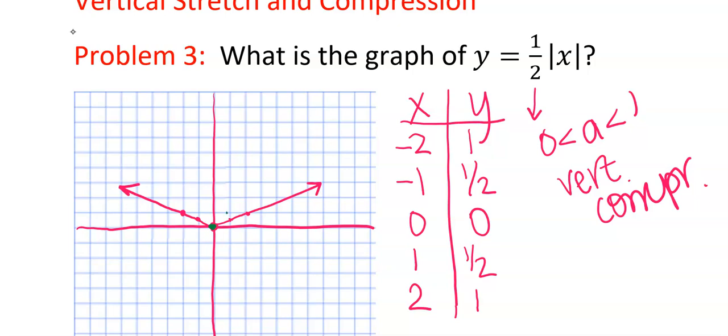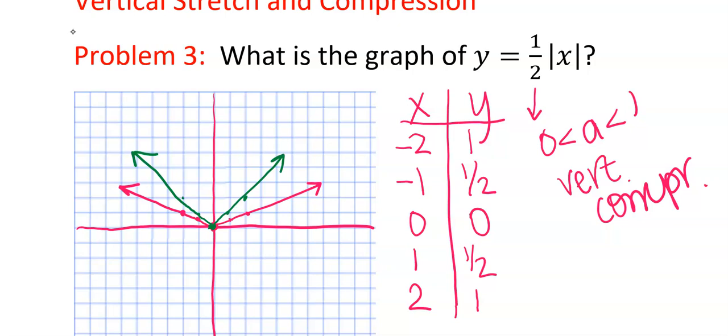Okay, so it was 1, 1, 2, 2. The original one here is in green. So notice how when it's a compression, it just takes both sides and smooshes them down a little bit. And it would be half the size, which also makes sense. So if you can take these ordered pairs and say, okay, the original one is sitting at 1, it needs to be half as big, you could do it that way too.